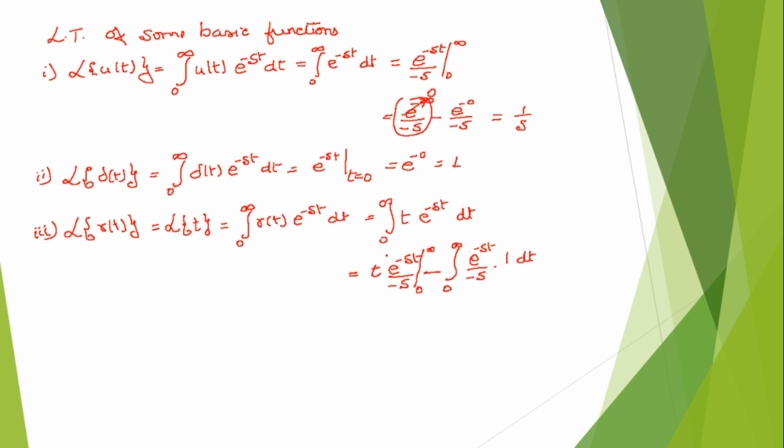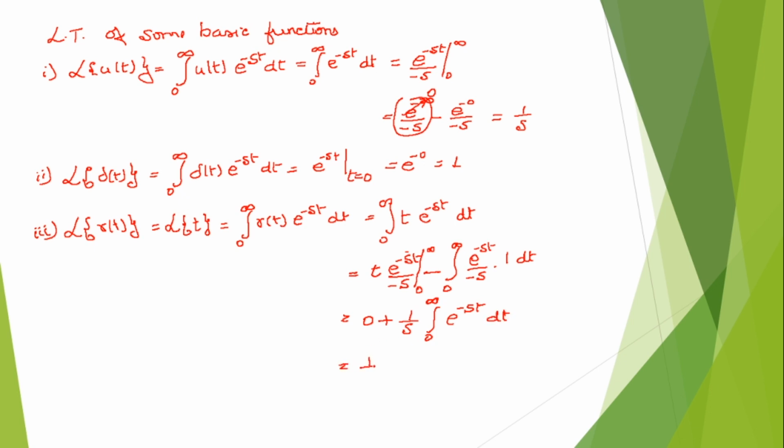Now in this case, when t is equal to infinity, this term is 0, and at the lower limit t equal to 0, this is 0. So the entire thing becomes 0, minus into minus plus 1 by s integration 0 to infinity e to the power minus st dt.